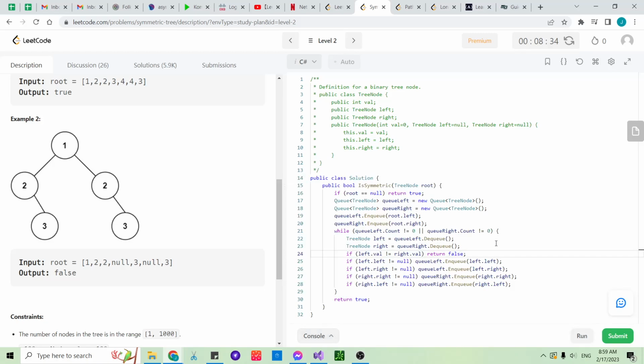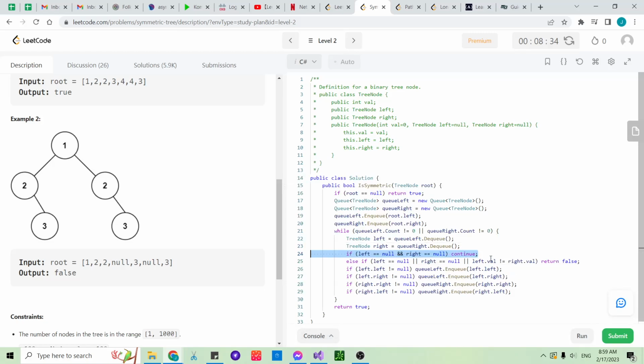Interesting. Alright, so that did not work. It's good to know. Let's go back to the original one.